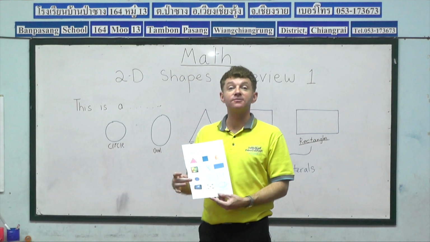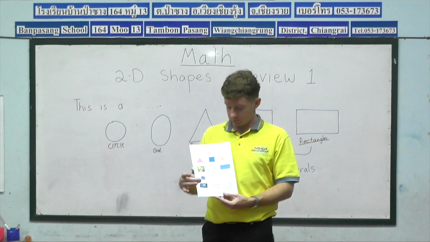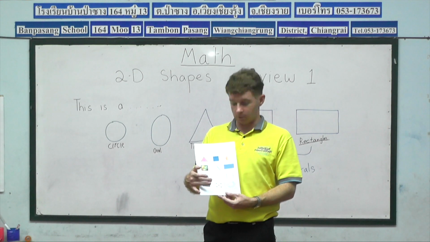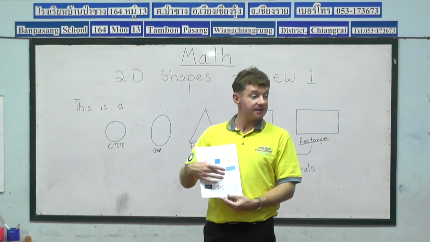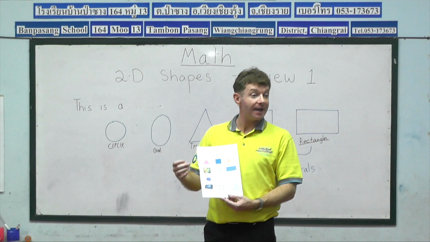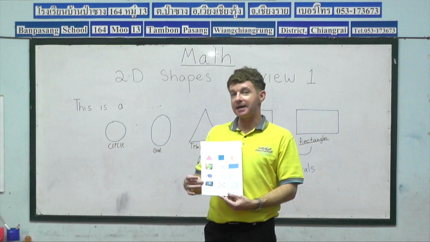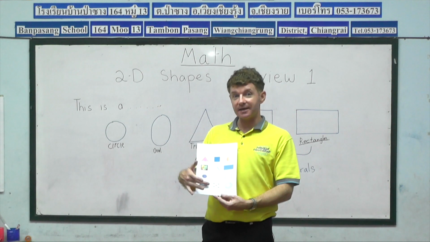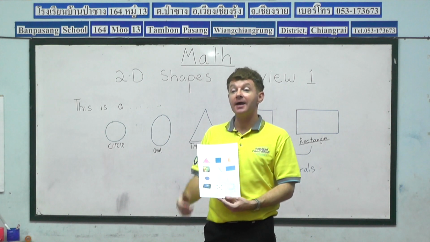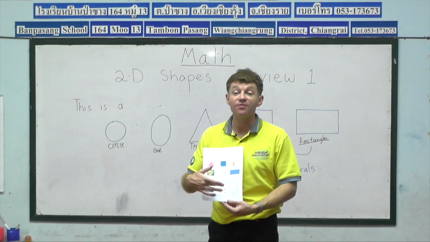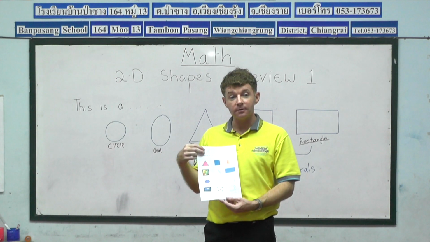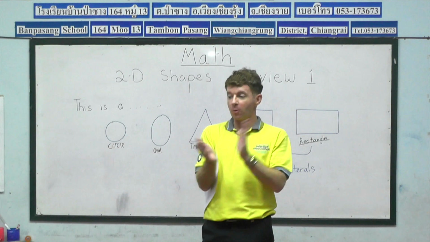This is a circle. This is an oval. This is a square. This is a rectangle. This is a square. And the final one, this is an oval. Excellent, guys. Very well spoken.